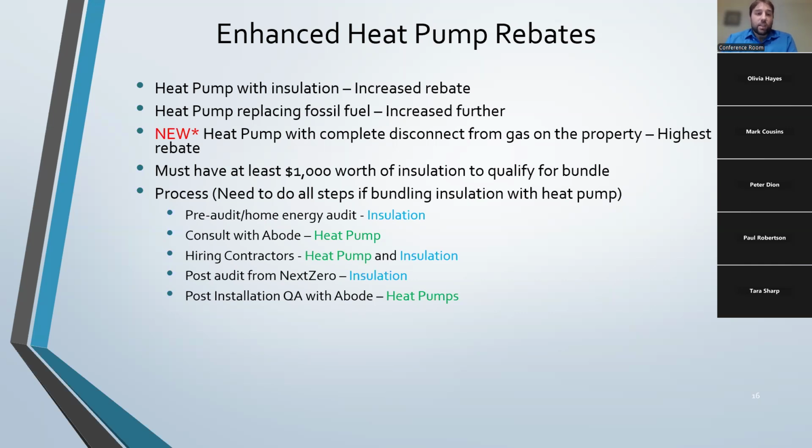On the heat pump side, consulting with a BODE beforehand is always good, then hiring contractors, and then the post-installation QA with a BODE, which gives all the information for what you installed and ensures that your heat pump is cold climate certified and good for the rebate. There's a list on our website, the NEEP cold climate list. Usually you'll be able to find qualifying devices on there, and a BODE will work with you too. They're very familiar with all that because they're the heat pump experts.